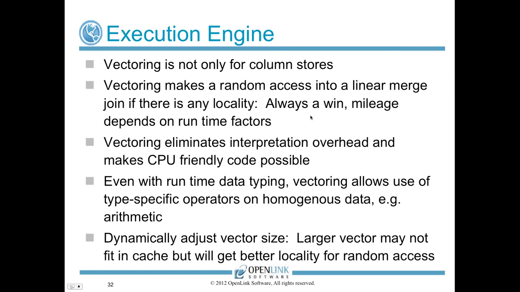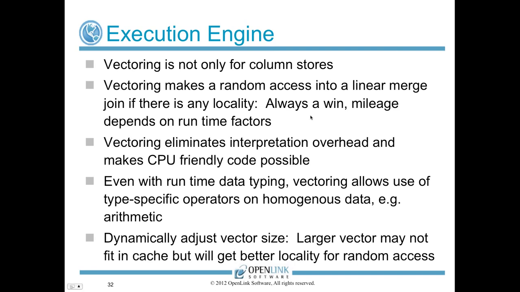Also, you can do CPU-friendly algorithms, meaning that when you're doing the same operation on a lot of data, there are ready possibilities for parallelizing. In certain cases you get instruction level parallelism, because with lookups you will have locality. If you sort your incoming data, then a random sequence of lookups becomes an ordered sequence of lookups.